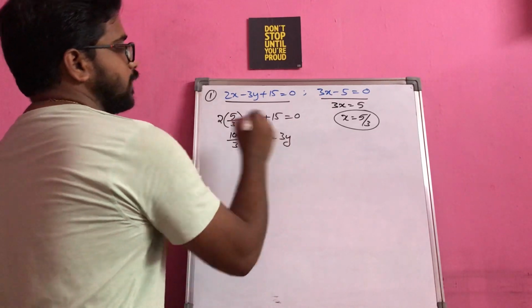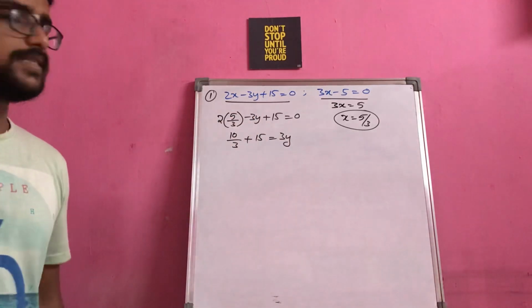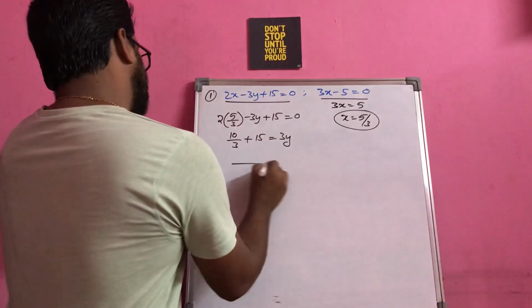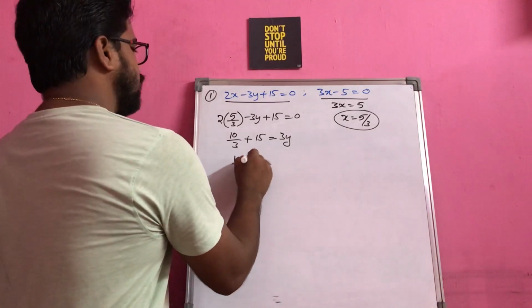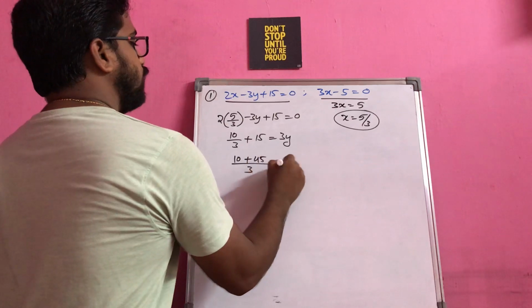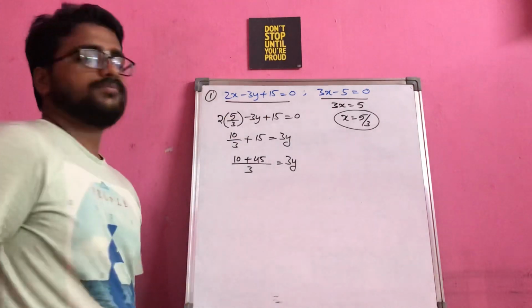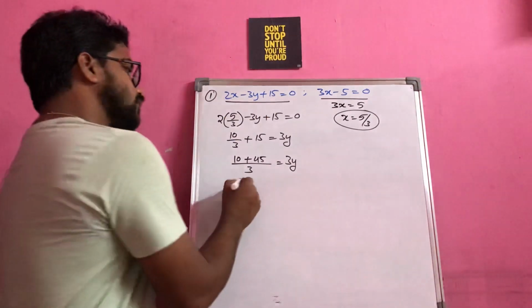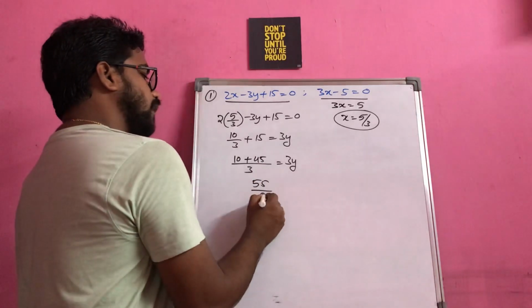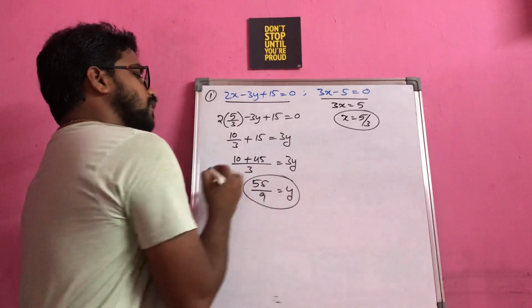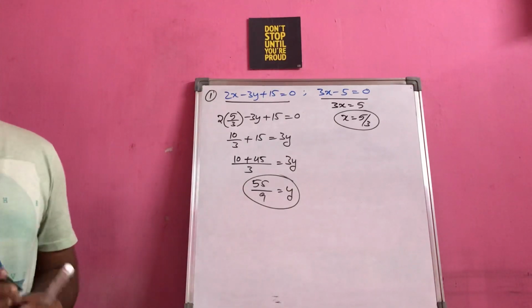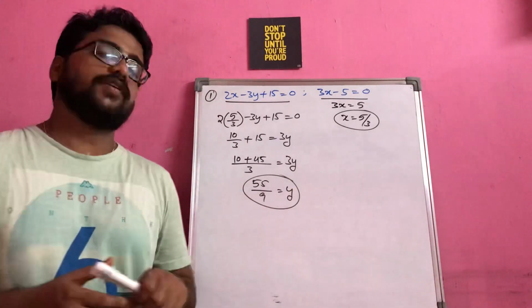I am sending this minus 3y to the other side, it becomes plus 3y. Take the LCM as 3 here, and this is 10, and then this is 45, because 3 15s are 45. So finally we get 55 by 9 is equal to y. Therefore the value of x is 5 by 3, and the value of y is 55 by 9.